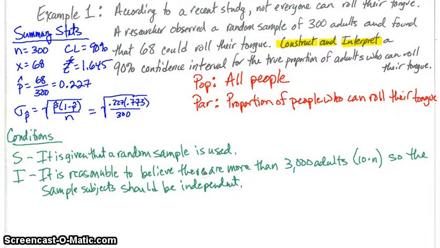There are more than 3,000 adults, so the sample subjects should be independent. That means that the people involved in this random sample should be independent of each other.